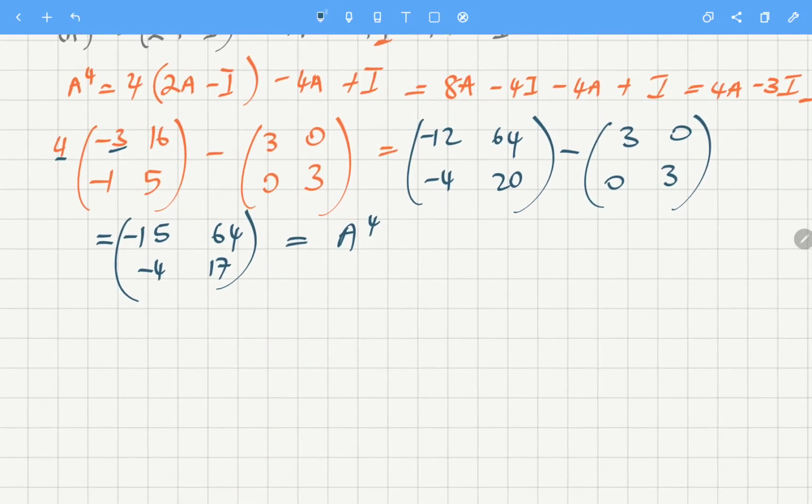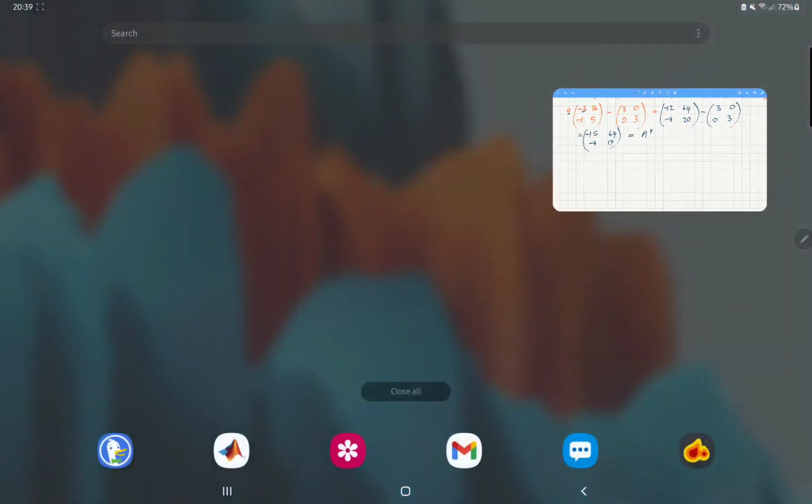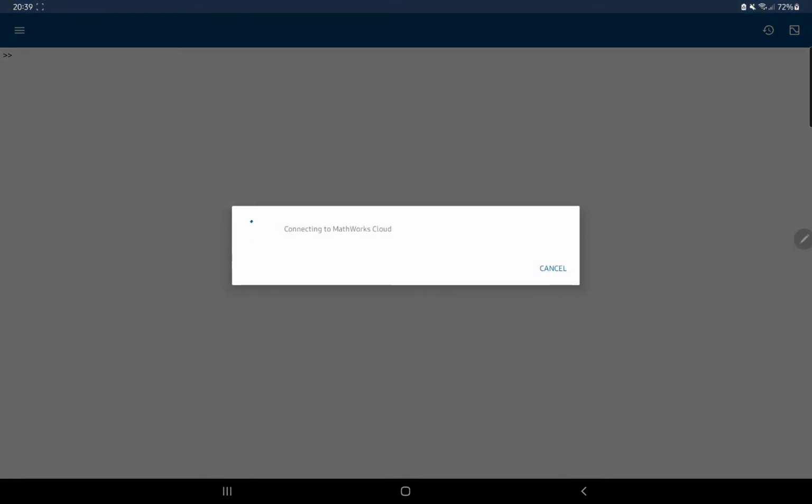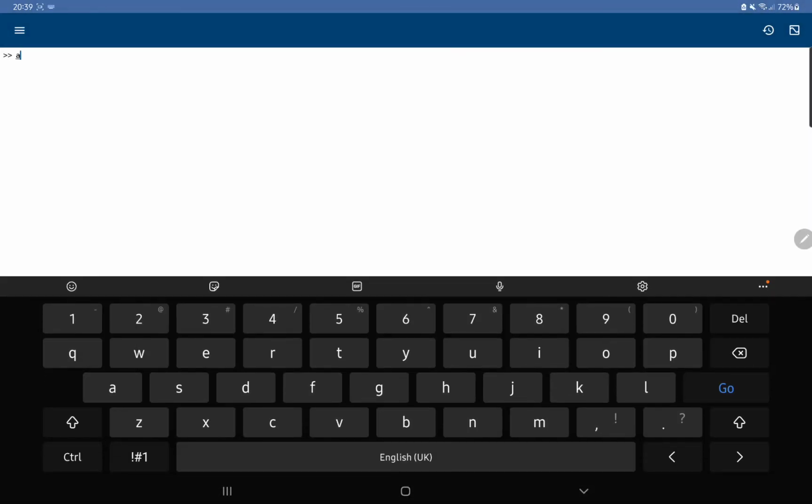So yeah, I'm just going to check that with MATLAB. Right, so A equals [-3, 16; -1, 5].